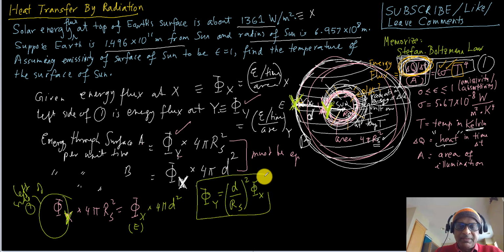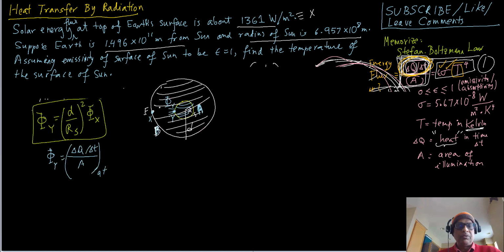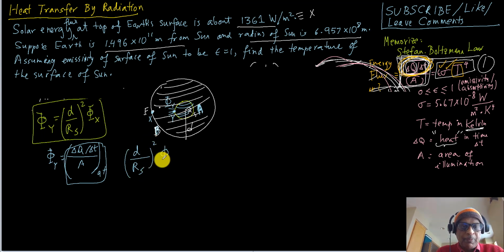Okay, so that must equal sigma epsilon T to the power 4. Let me clean this up so I'll get to the new slide. So we have the flux, and d over Rs squared phi x is epsilon sigma T to the power 4.